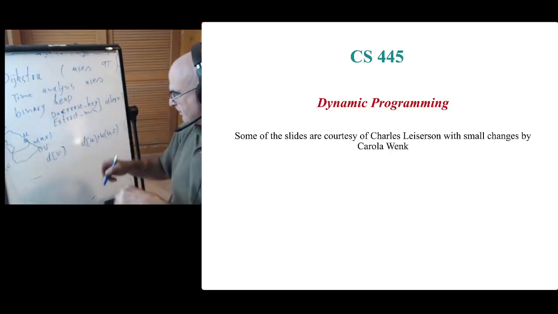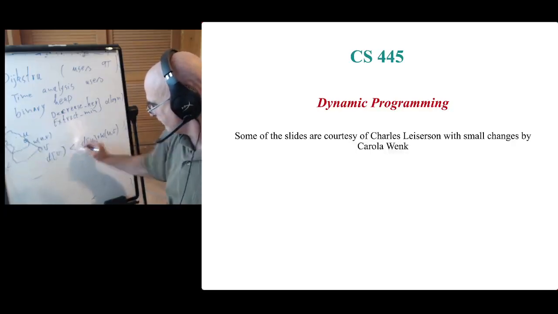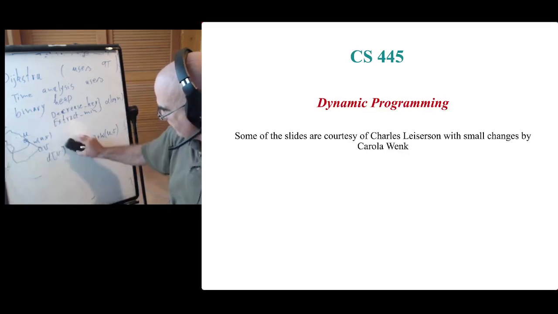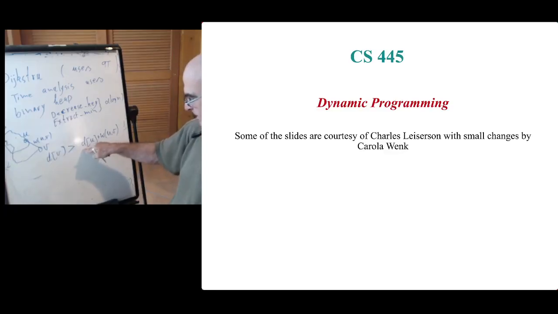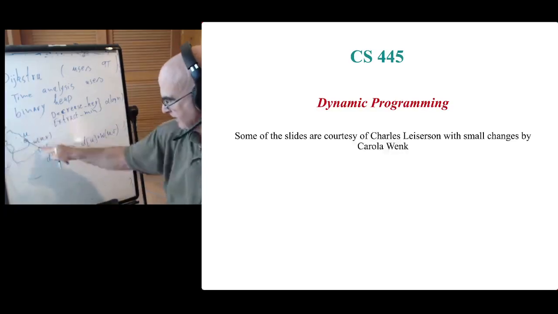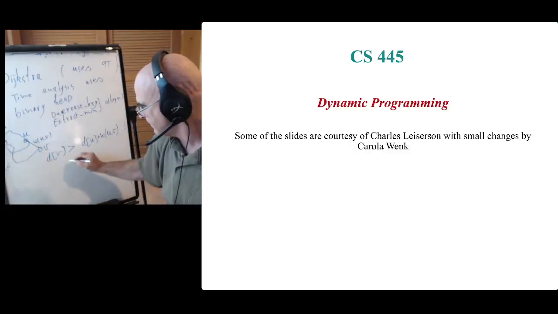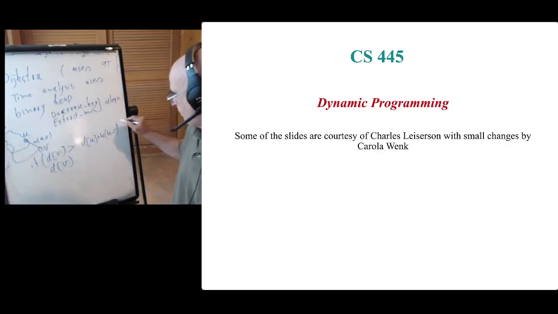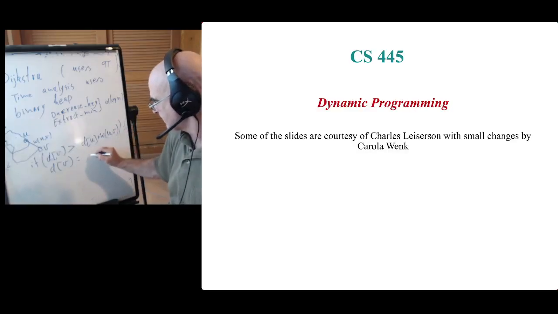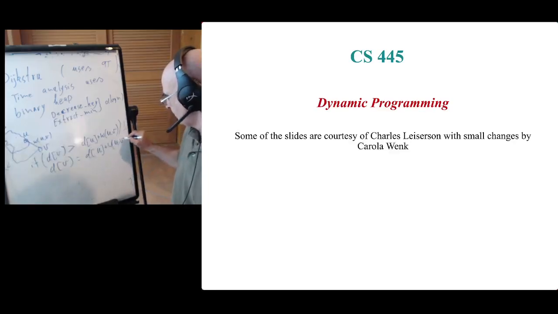It changes its value only if the previous d of v is larger than the offer that u offers to v, and in this case the new d of v equals d of u plus w of uv.